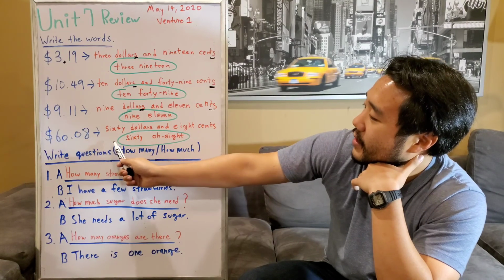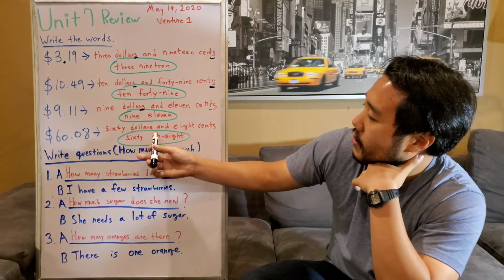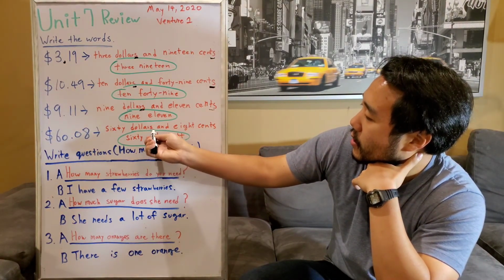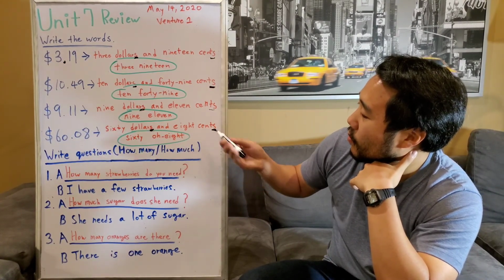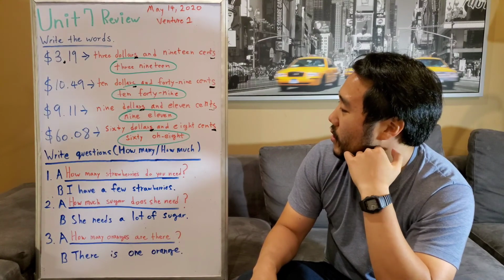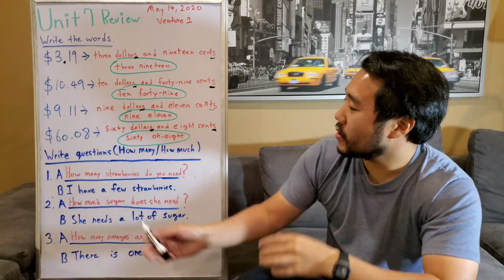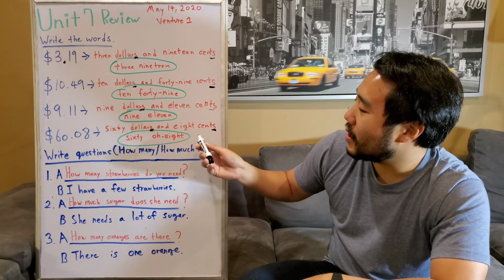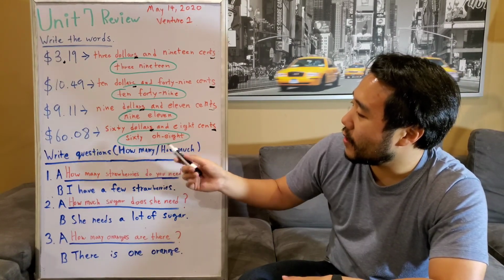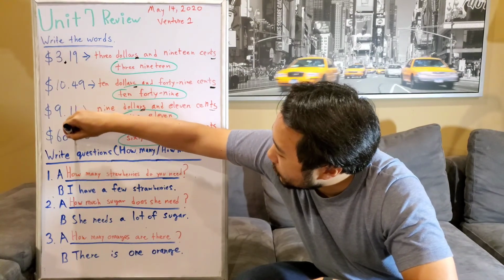So we say $60 and 8 cents. More than a dollar, more than a cent. If we shorten it, we say 60.08. If you see here, I said 08, we have to pronounce this part.